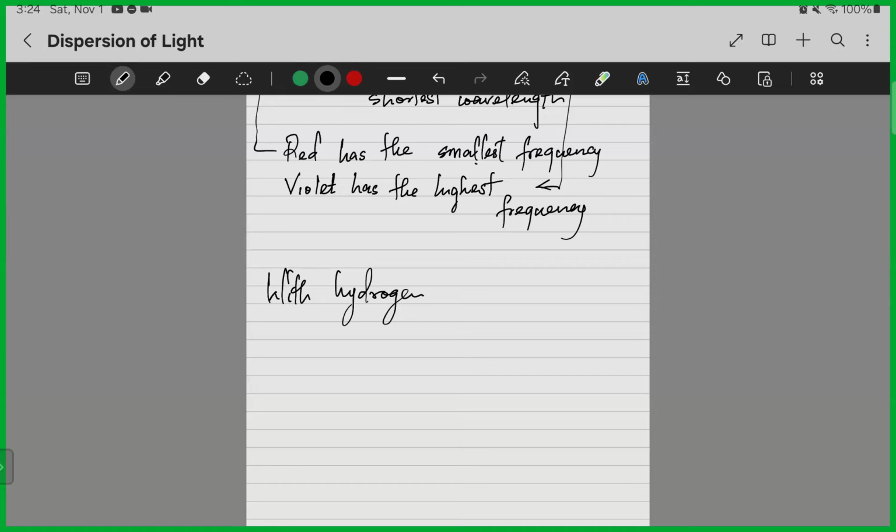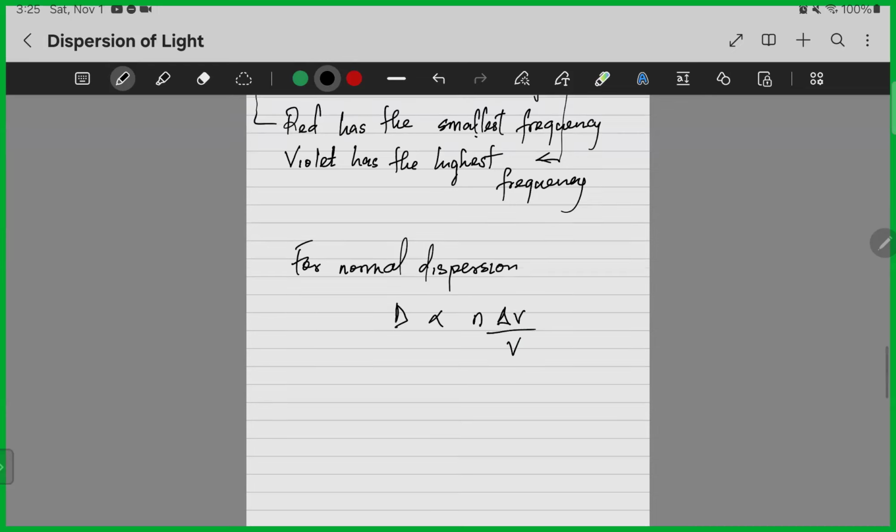We have already established that for normal dispersion, don't forget, for normal dispersion, we've written already that D is directly proportional to change in V over V. It's good to note that among all those colors, red has the fastest speed.